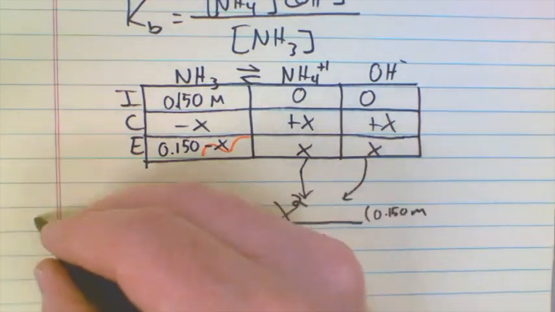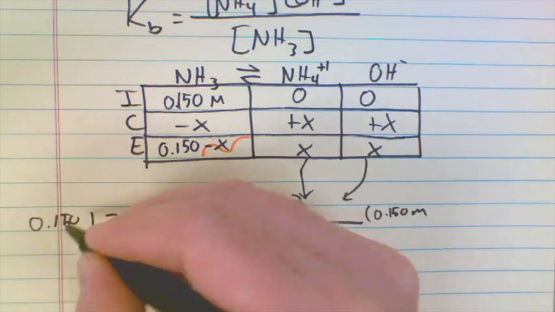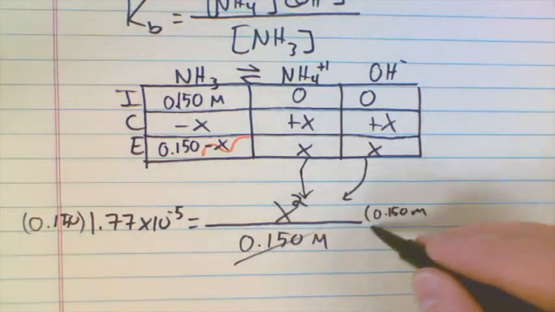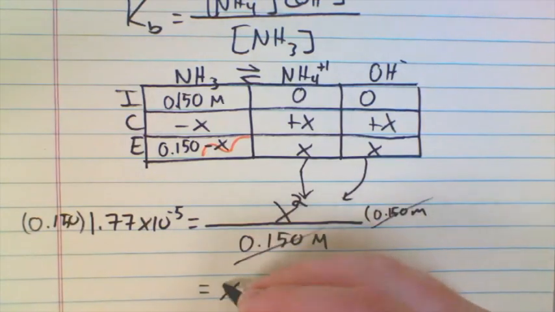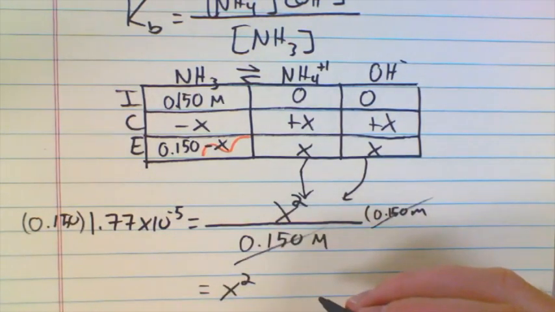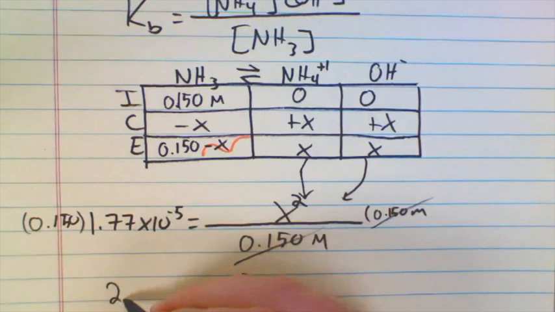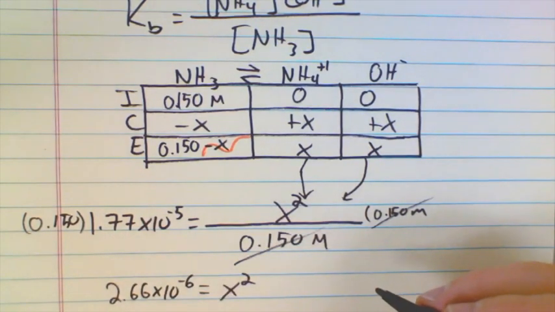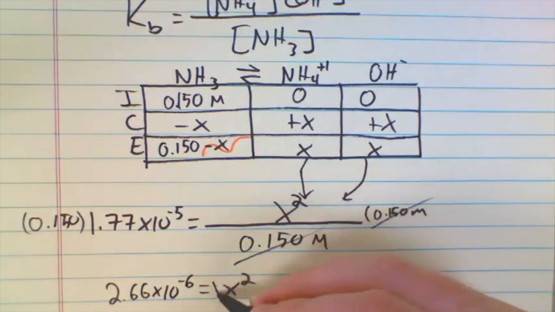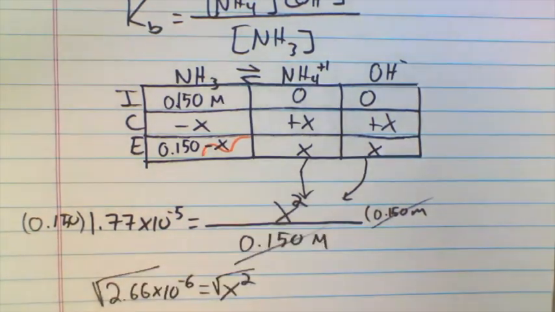So isolate x by itself. I believe you should get 2.66 times 10 to the negative 6 equals x squared. Square root everything.